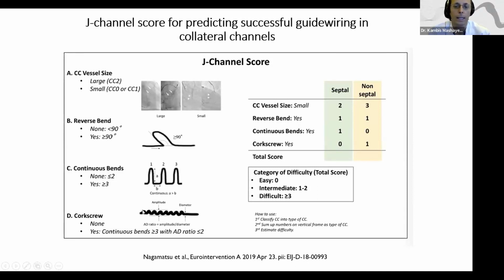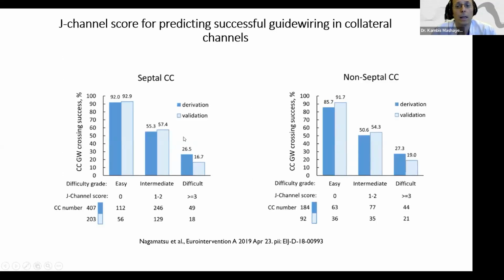The cockshoe depends on amplitude and diameter, but nevertheless, it's very difficult, and the interoperator observability, how to interpret this in the J-channel score, makes it not so easy. But what we know is that when you have very small vessels, reverse bend, continuous bend, you have a high score, and this high score reduces the chance of passing septals, but also non-septal collaterals. So if somebody's interested, you can go through this publication.